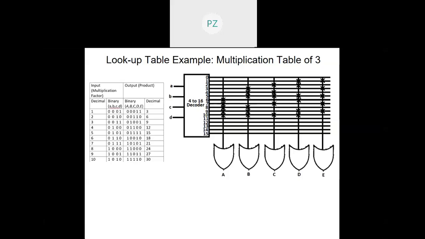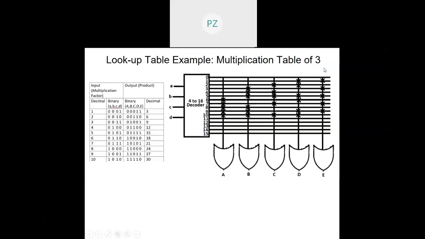So over here, I'm giving you the example of the multiplication table of 3 as the lookup table realized by a ROM. What are the inputs? Since I'm looking at the multiplication table of 3, so 3 ones are 3, 3 twos are 6. This is the multiplication factor and this is the product.